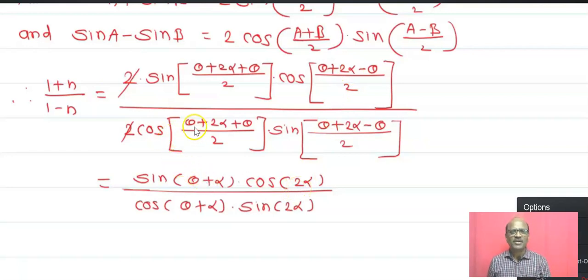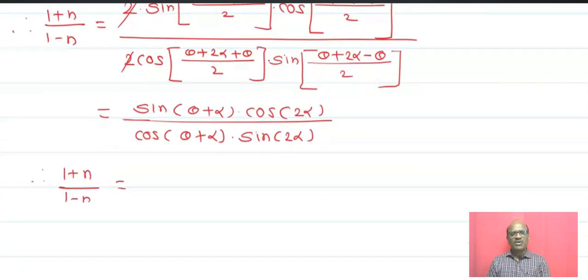And for the denominator, theta plus theta, that is 2 theta plus 2 alpha upon 2, again take 2 common, then you will get again theta plus alpha. Again a small mistake, these 2 terms get cancelled, then you will get 2 alpha upon 2. But overall you are getting cos of alpha upon sine of alpha, and cos of alpha upon sine of alpha is nothing but 1 upon tan of alpha. I forgot to cancel it, but I will correct it in the next step.